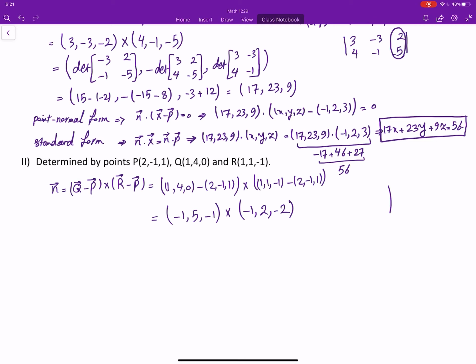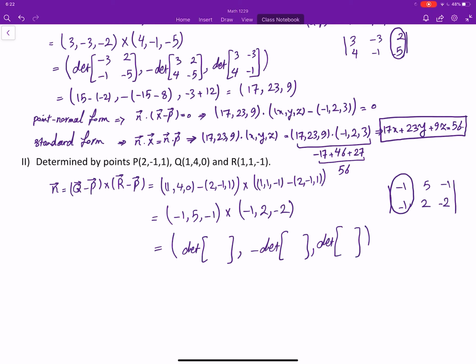We have two vectors. Then the cross product is given by these determinants. The middle one, don't forget that negative sign. First one, ignore the first column.